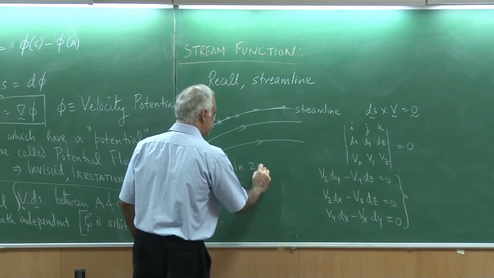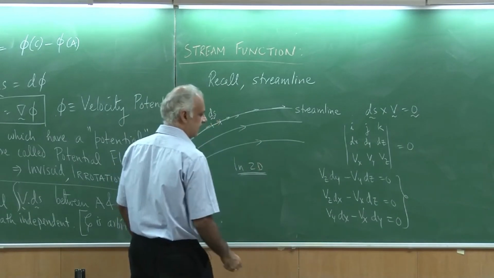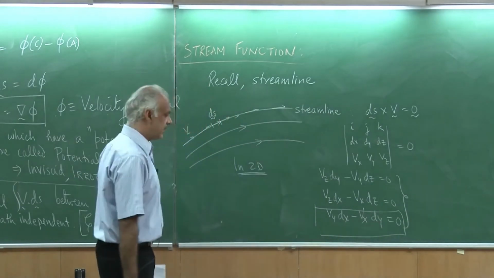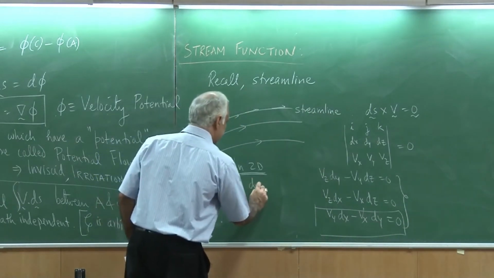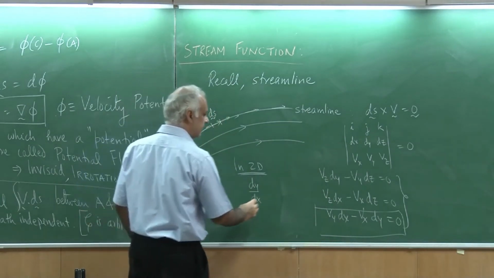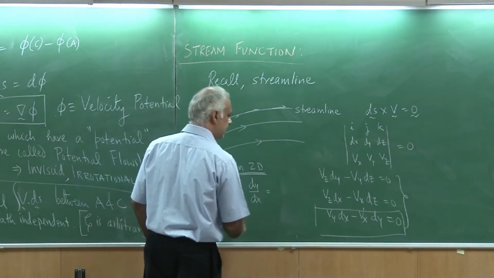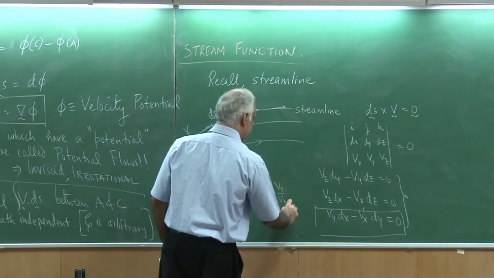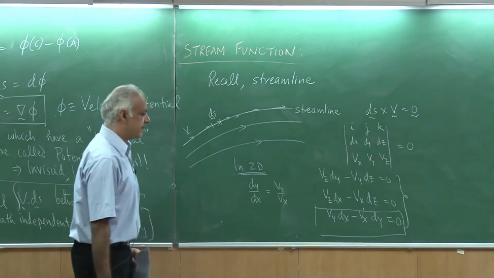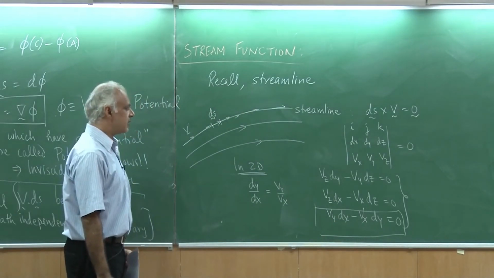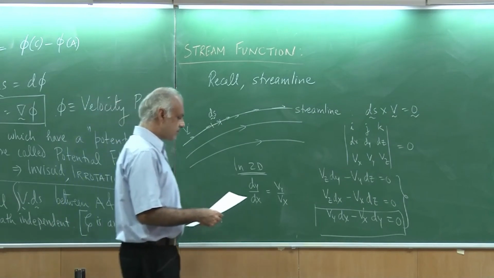So these three equations represent a streamline. If I restrict myself to 2 dimensions, then this is the relevant equation, and it tells us that dy by dx, that means the slope of a streamline, is essentially given as vy by vx. Okay. So this can be used to find an equation of a streamline.